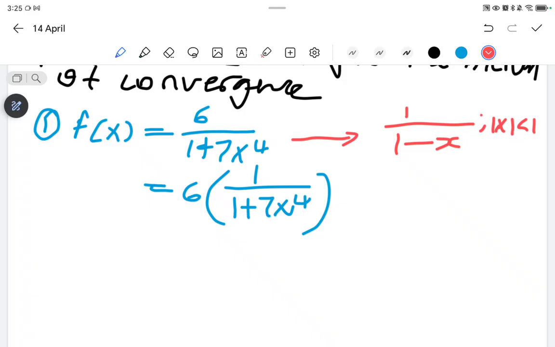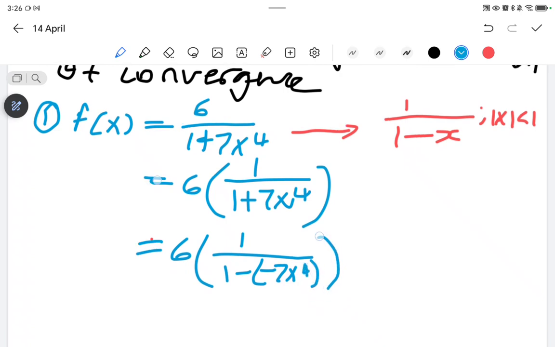So we need 1 on top, that's why we drop the 6, and we need minus here. This value can be anything, this variable can be anything. So here we're going to have 6 times 1 over 1 minus negative 7x to the 4. You see, right?